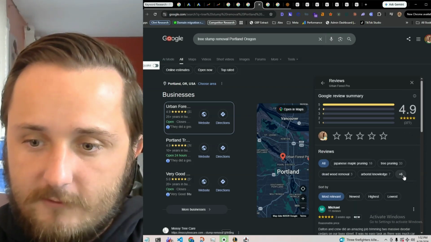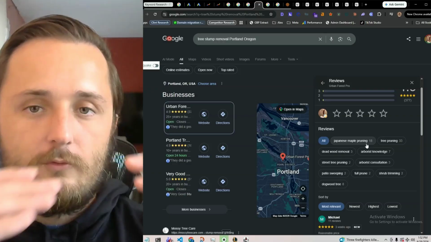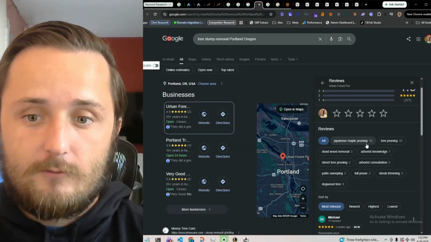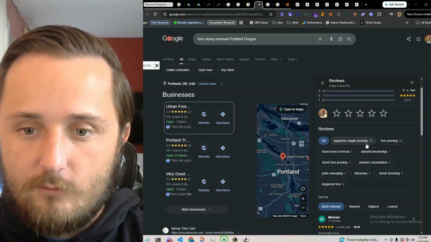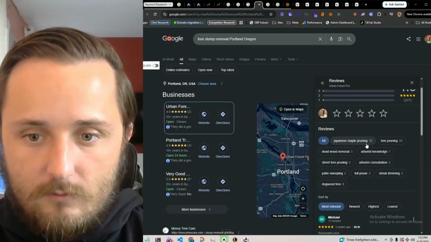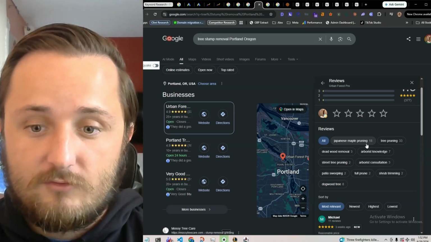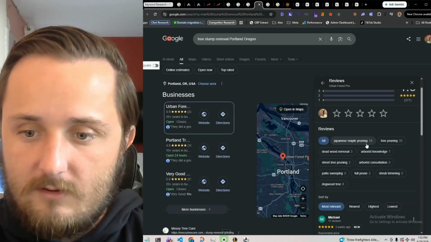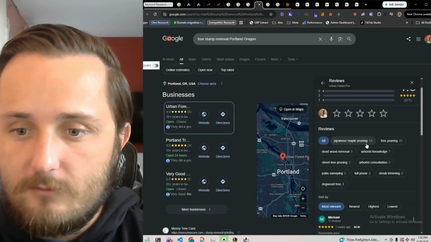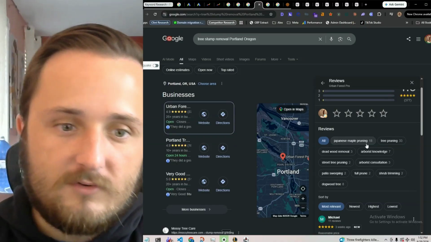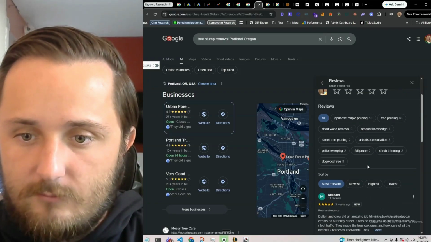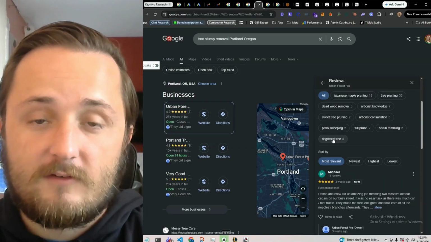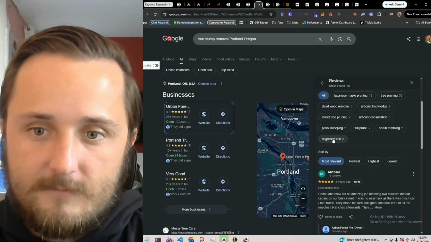Something that I like to do also is look at how Google is classifying these reviews. When we look at these reviews, we can see that we've got deadwood removal, street tree pruning, patio sweeping, full prune, shrub trimming, tree pruning, and what's interesting is there's no stump removal. But from these classifications, Google is categorizing these, right?